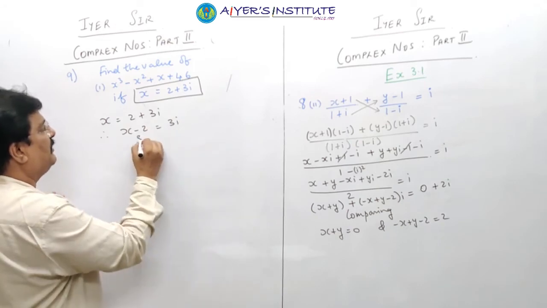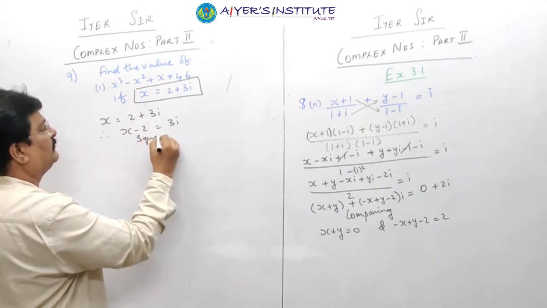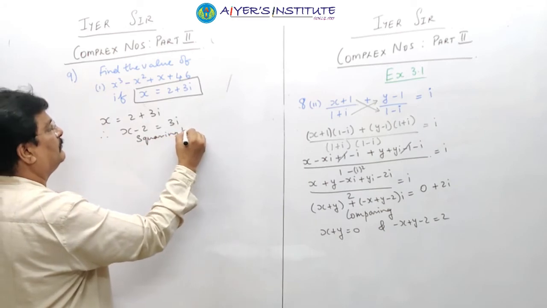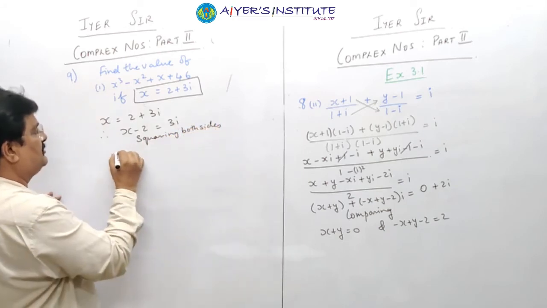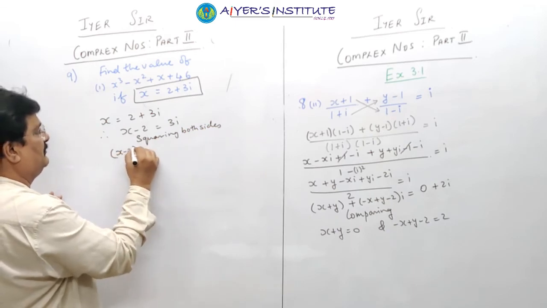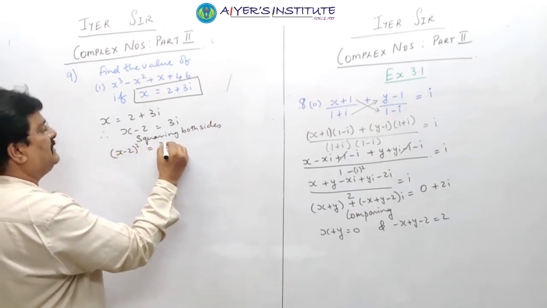And then we'll do squaring both sides. As soon as we square both sides, we have x minus 2 the whole square is equal to 3i the whole square.